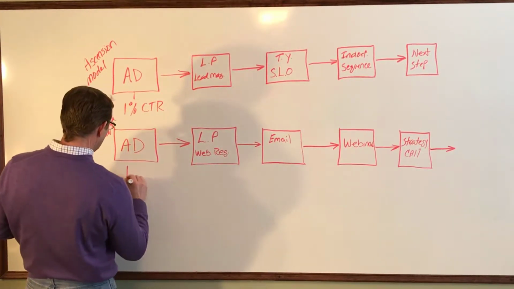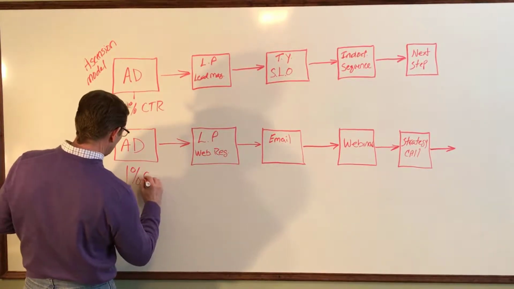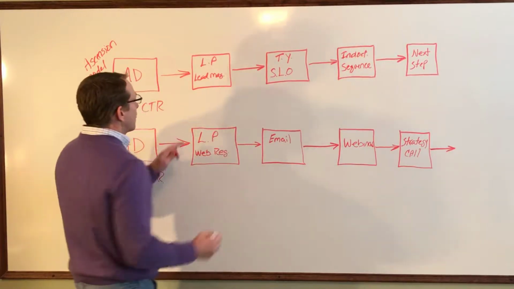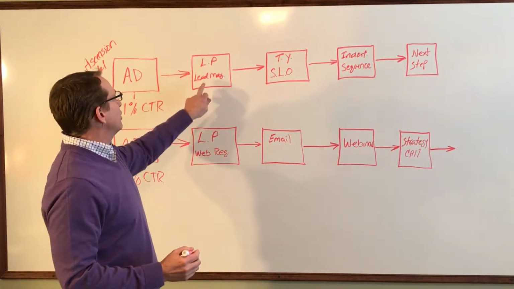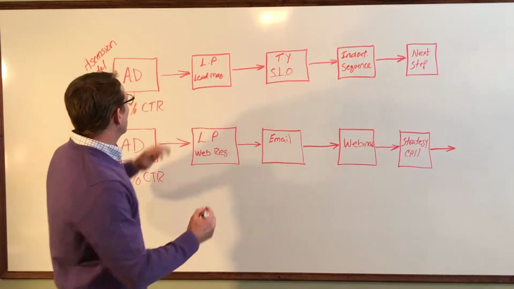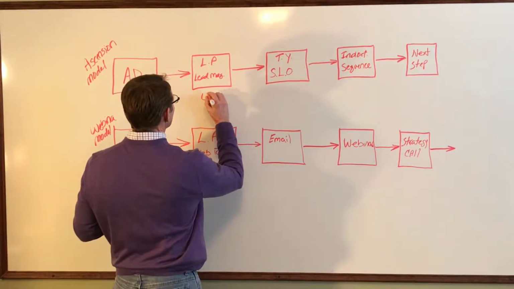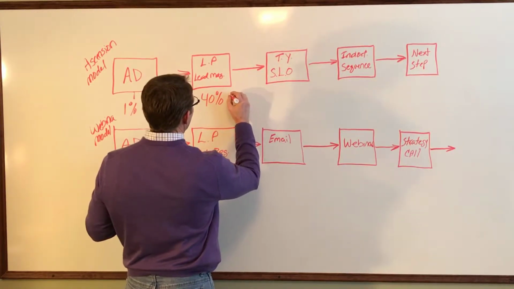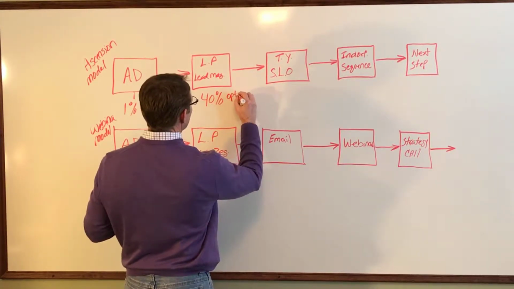I'm going to go ahead and put it down here because it's going to be the same for this one. Click-through rate. This is your landing page. This is where you're going to have your lead magnet for this specific system. This should get 40% opt-in rate.